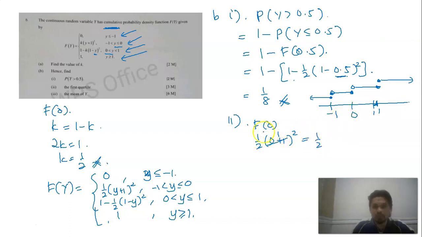And 1 over 2 in the cumulative distribution function is the median of the function.